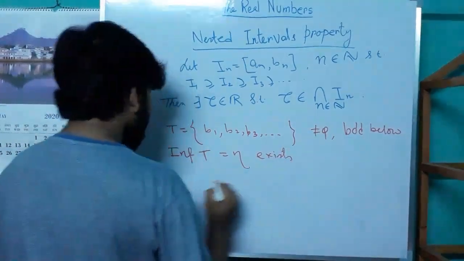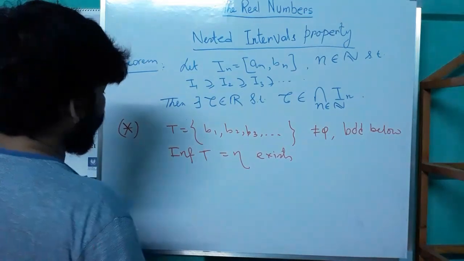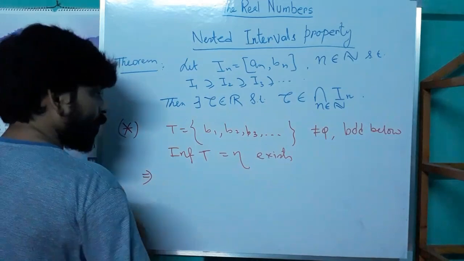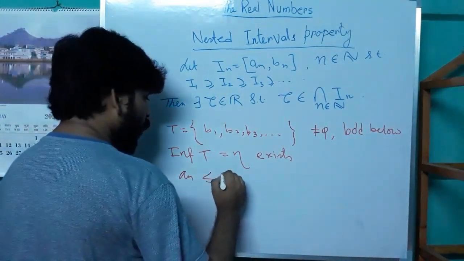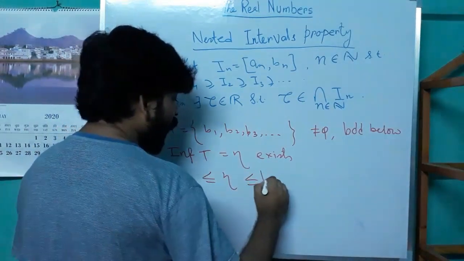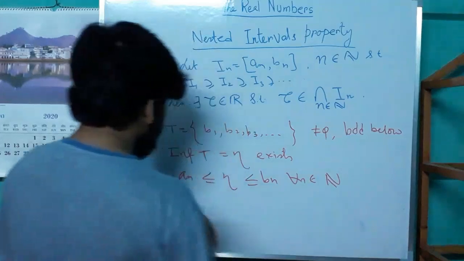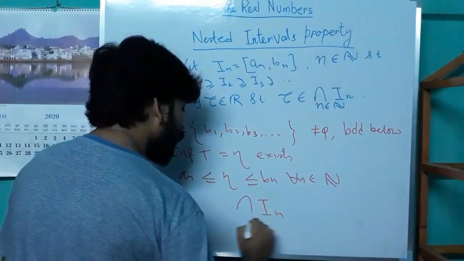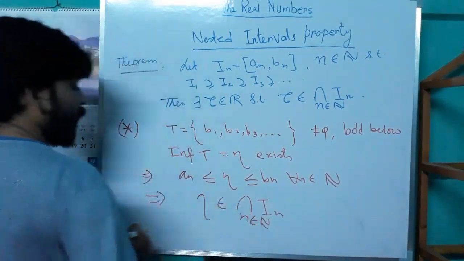And if we proceed as our previous result, then we can show that An is less or equal to eta less or equal to Bn for all n belongs to script N. That is, the intersection contains another element eta.